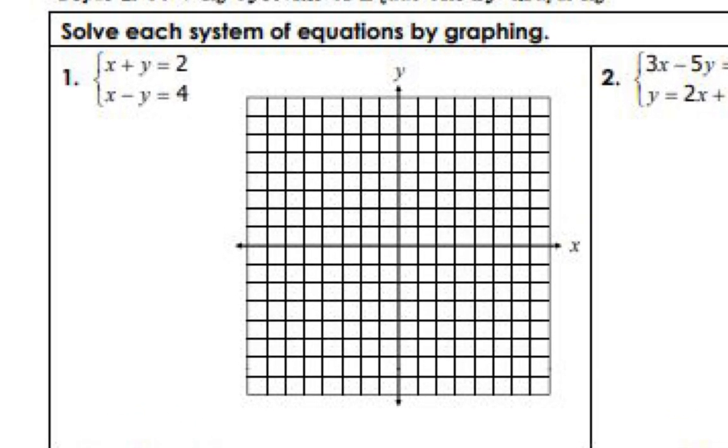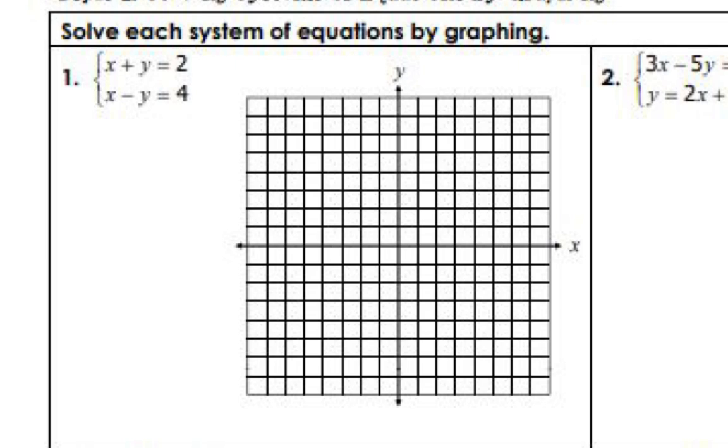Okay, so we're going to solve each system by graphing, and we know that when we graph the two linear equations, where they intersect is our solution. So we're going to graph both of these. These are in standard form, so you can do the x and y intercepts from standard form.